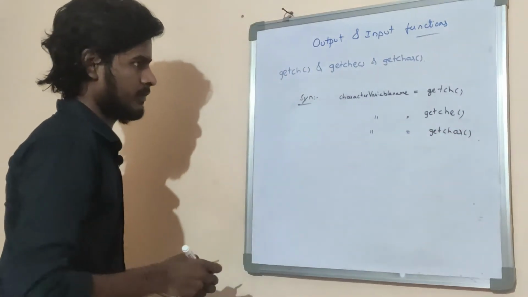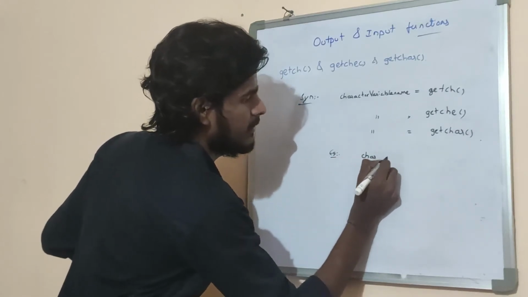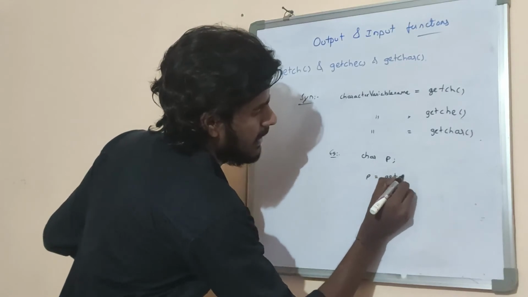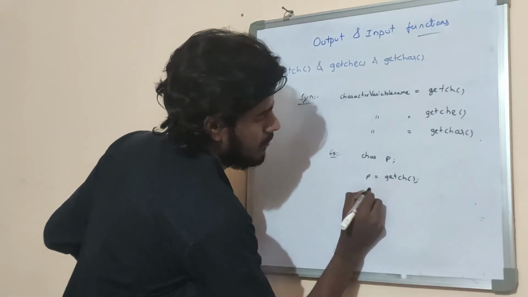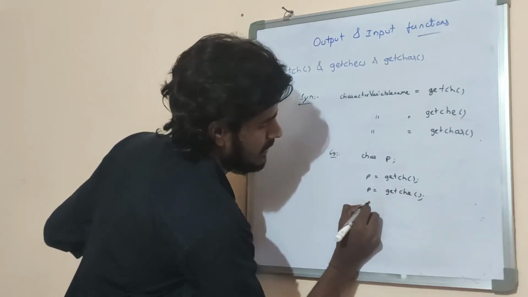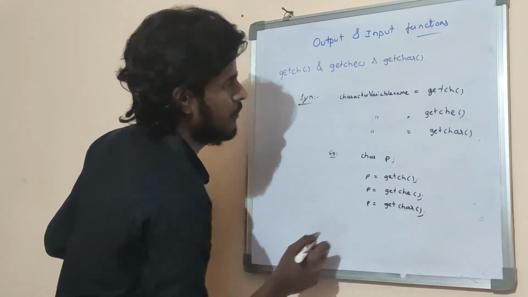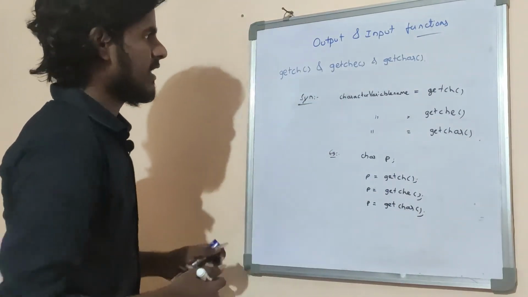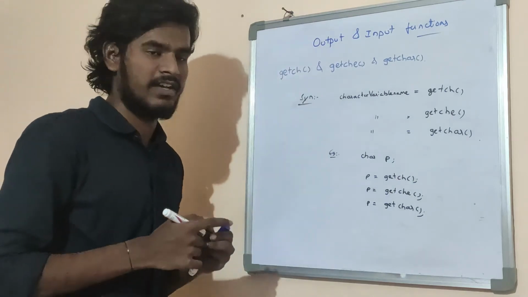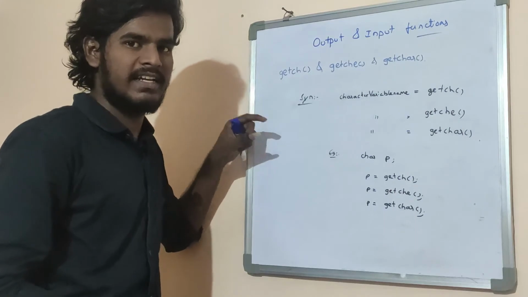Okay, example, char p, p is equal to getch, p is equal to getche, p is equal to getchar. Okay friends, this is the concept about getch, getche and getchar. Listen carefully, these three functions are used to read only single character data.